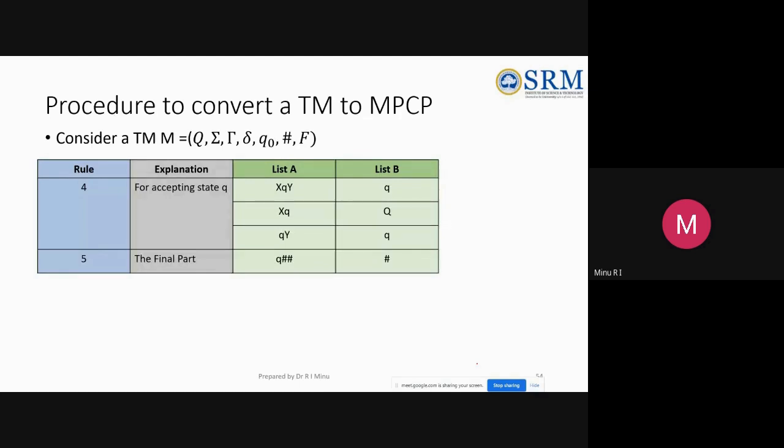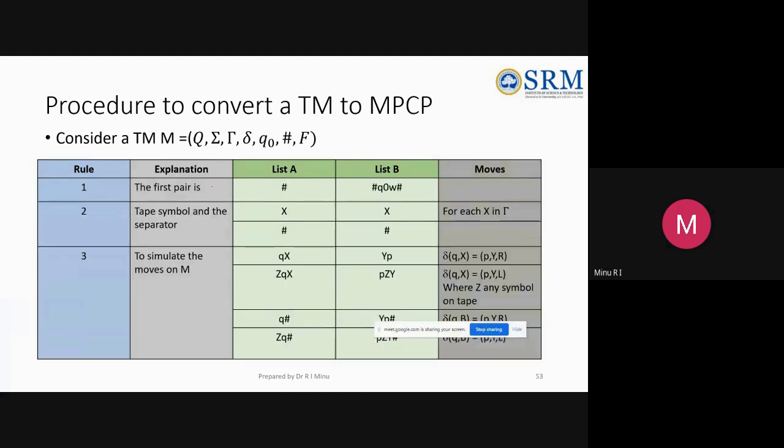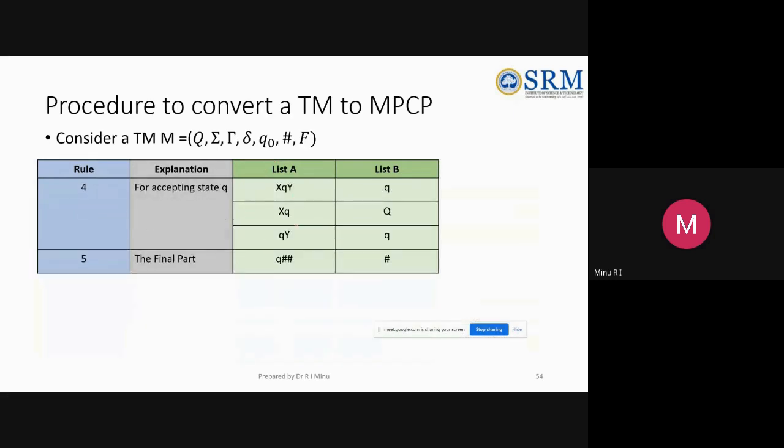Then fourth, finally accepting. So there must be some accepting state, no? So if my Q3 is an accept state, we have seen the first list, the tape list, the movement list, then finally the accepting list.